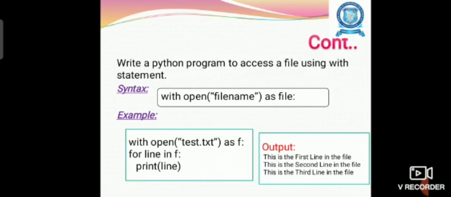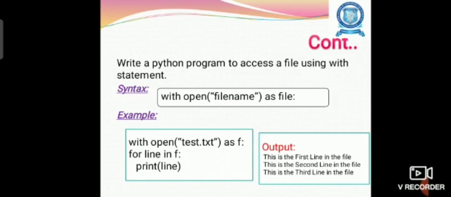And one more method is there to access the file: we can use the with statement. The with statement is used to open the file. The syntax is with open of... The open should have one argument, so the file name should be the argument inside that, as file.